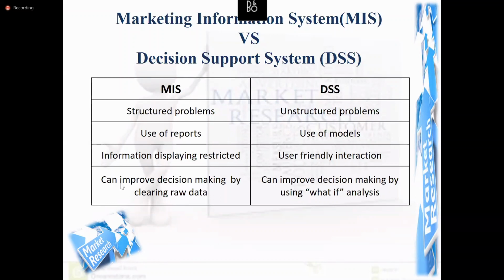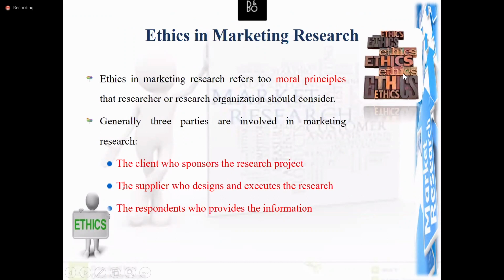If there is a limitation in the expansion of the market, then what would be the consequences? So this is in the format of what if this happens, and the results that follow because of the reason specified. In this way, we may be able to distinguish the marketing information system from the decision support system.